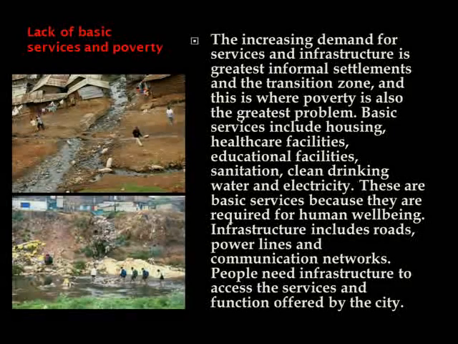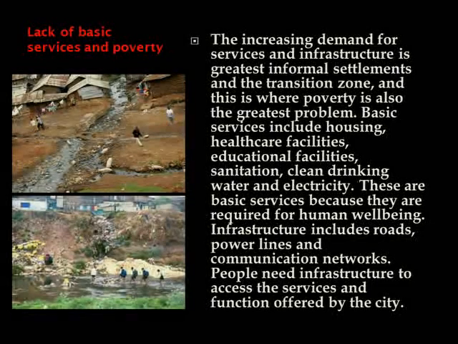Look at that. Now, it says the increase in demand. Obviously, because there's too many people in cities, there's going to be an increase in the demand for services and infrastructure. And this is where poverty is great. Basic services like housing, healthcare facilities, education facilities, sanitation, clean drinking water, they're not there.